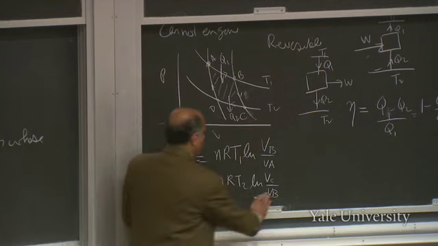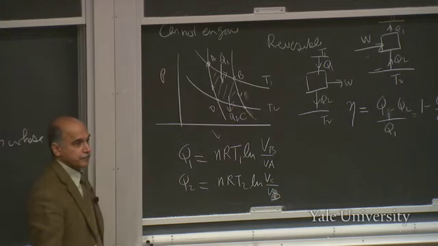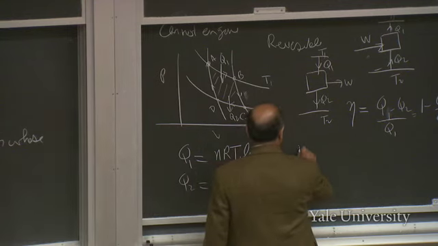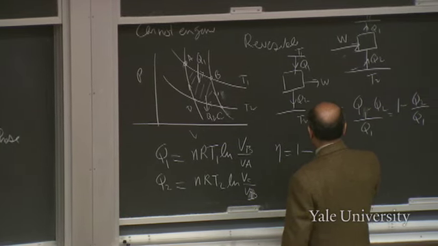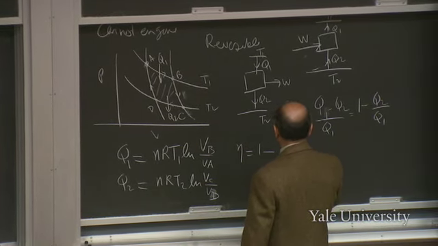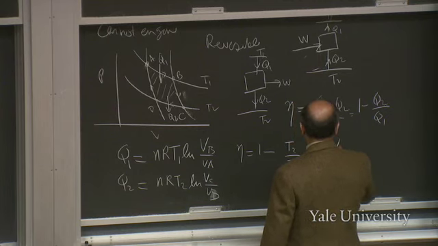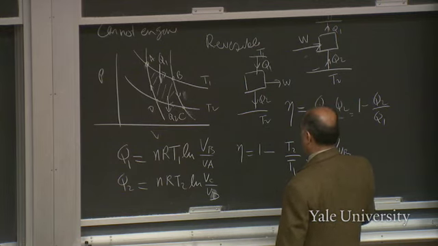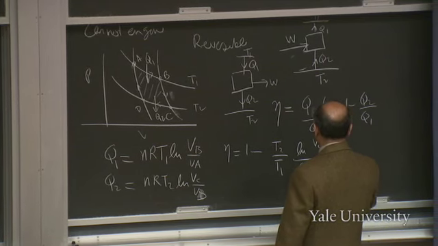So I get VC over VD. So the efficiency now becomes 1 minus Q2 over Q1, which becomes 1 minus T2 over T1 times log Vc over Vd divided by log Vb over Va.